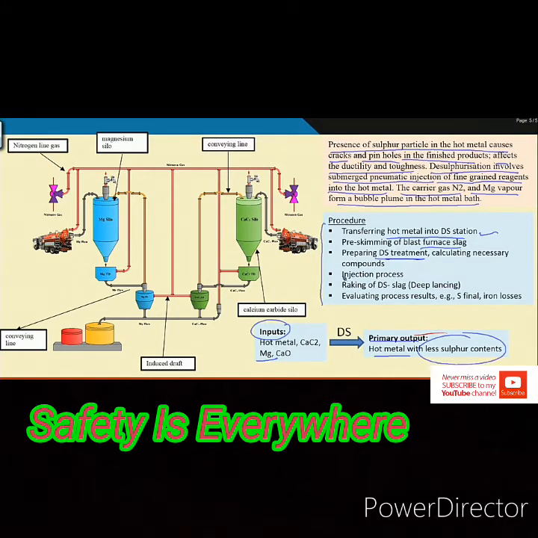Then the injection process will start, and ultimately desulfurization, the raking of DS, deslagging will be done. Finally, there is evaluation of the final sulfur content and the other outputs like iron losses and other things that are to be computed. Okay. So, this is the system in a nutshell.